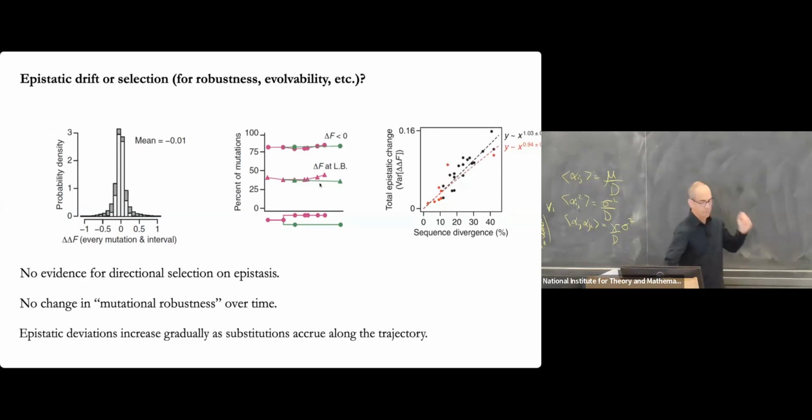Furthermore, if we plot the total epistatic change versus the sequence divergence, this is similar to what I showed you before. There's a nearly linear increase indicating that epistatic deviations in function increase gradually as substitutions accrue along the trajectory. So this looks like a process of epistatic drift.